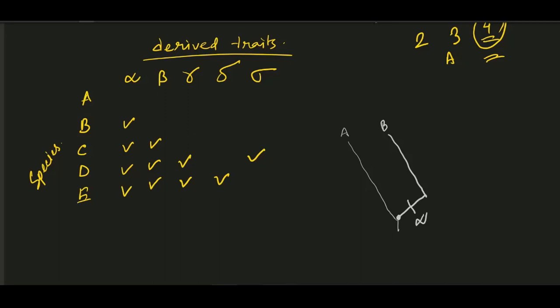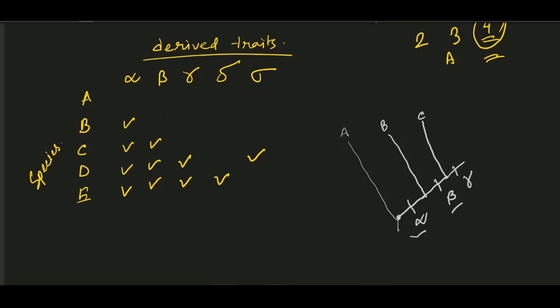And along the time, C, D, E acquired the beta trait. So beta trait acquired, and C only contained alpha and beta. So from here this species will be C, and after C, D and E both acquired gamma as a trait.